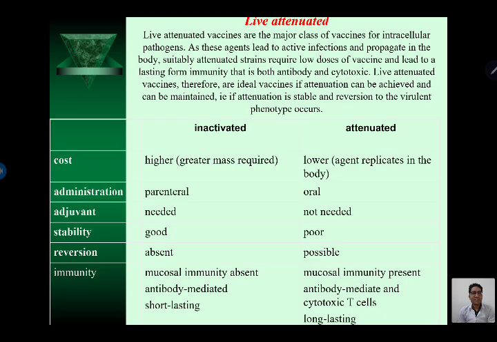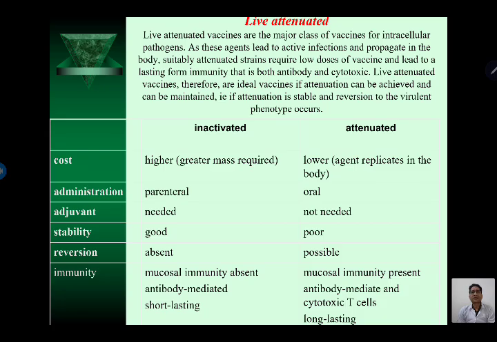Live attenuated vaccines are therefore the ideal vaccines if attenuation can be achieved and maintained, if attenuation is stable and reversion to the virulent phenotype does not occur.